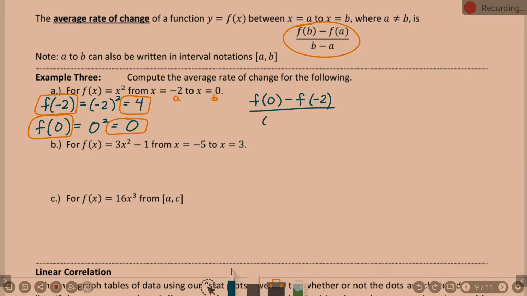So 0 minus -2. And I'm writing out a lot of extra details right now. Are you going to need all these details when you do it on your own? Yeah. Maybe, maybe not. But what do we say? F of 0 is 0 minus f of -2, 4. Basically, there's the math you're doing. 0 minus 4 over 0 minus -2, which is?